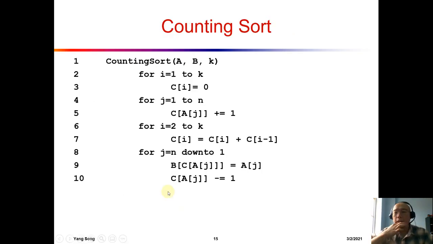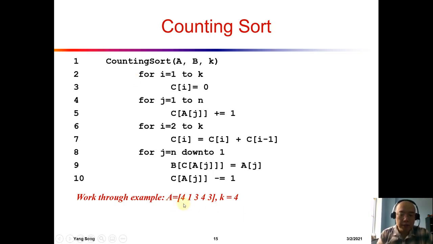Okay, so let's see the counting sort. We see 4 iterations. Well, no worries, I'm going to go through all the iterations one by one. Let's work on this counting sort using a small example. As you can see, for A, they are all integers, and the range will be from 1 to 4.